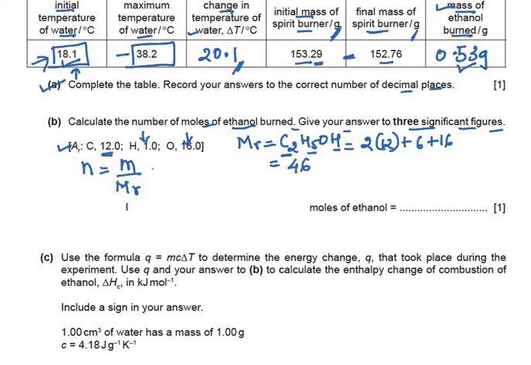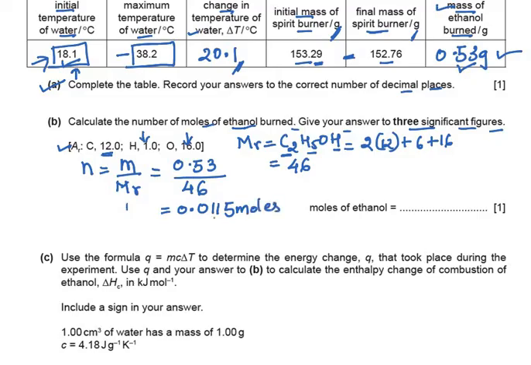So if we substitute that, the mass of the ethanol used, calculated here in the table, that is 0.53 gram divided by its Mr, that is 46 gram. And on division we get 0.0115 moles.